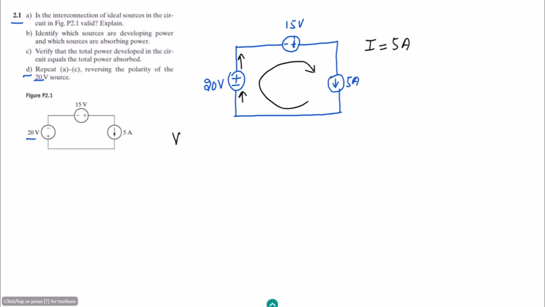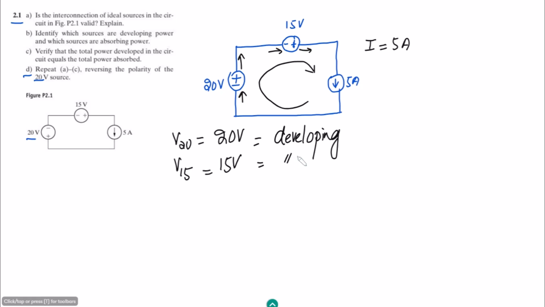So therefore this V20, this 20 volt, is now the developing source. Okay, similarly here this is coming in from this negative and coming out of this positive. So therefore this V15, this one of 15 volts, is also the developing one.